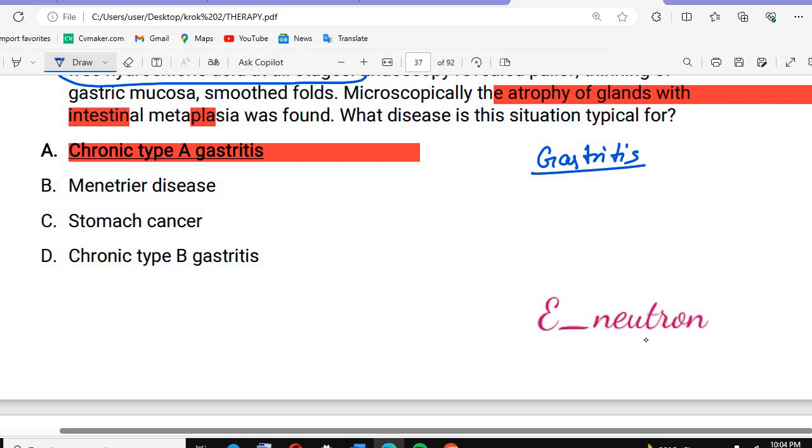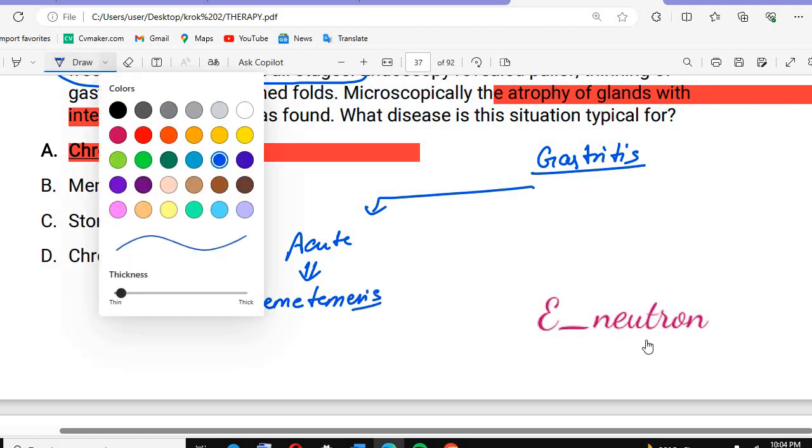Remember that in acute conditions, hematemesis will be there, like blood in vomiting. Can you tell me the most common cause of hematemesis?